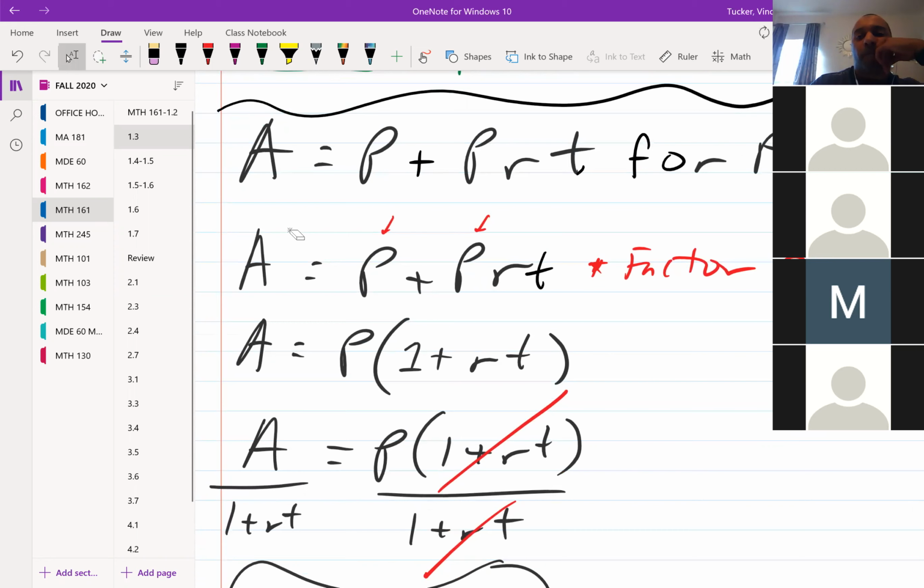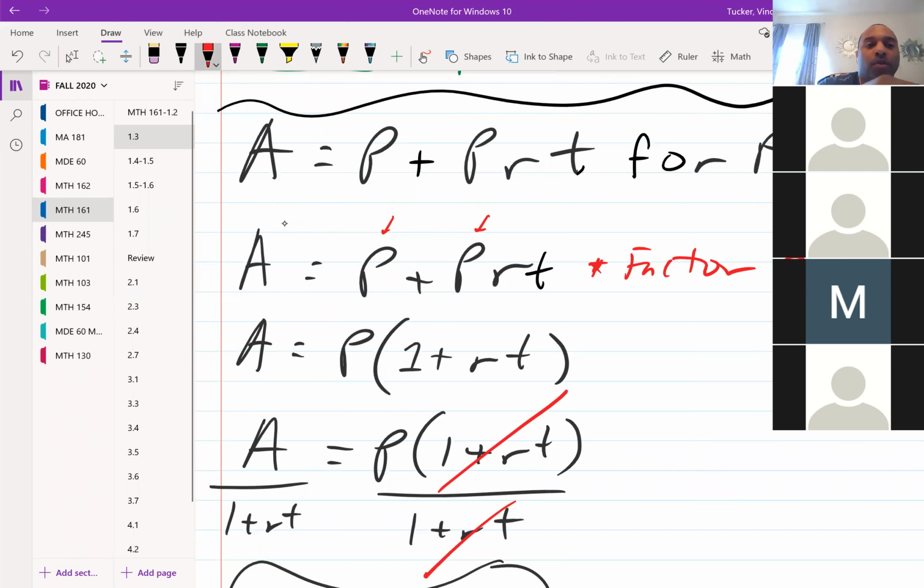All right. So back here we have A equal to P plus PRT. And notice we have P in two different terms. So what you should do is go ahead and factor P out. I pulled P to the outside of my quantity, and that left me with 1 plus RT.